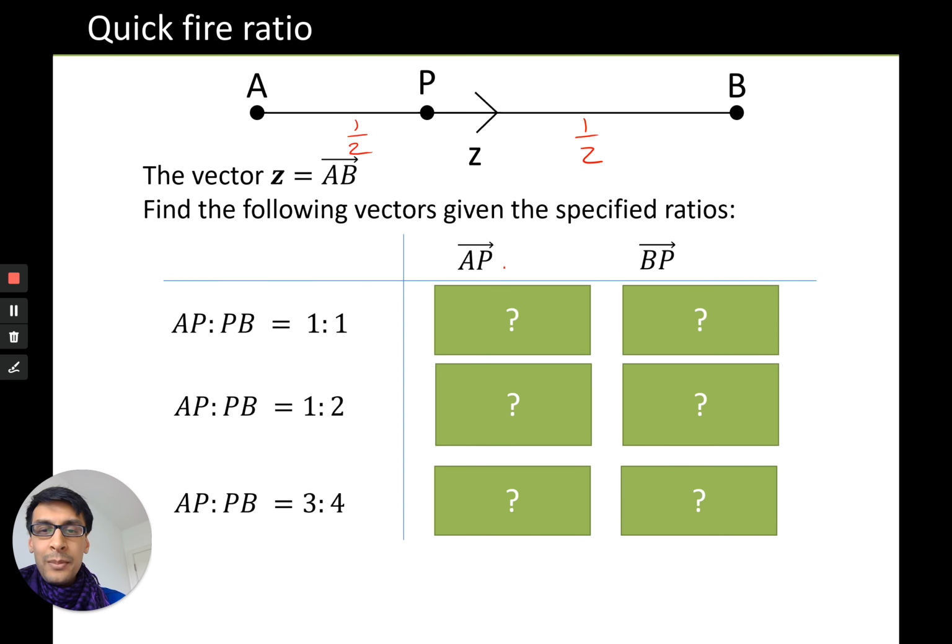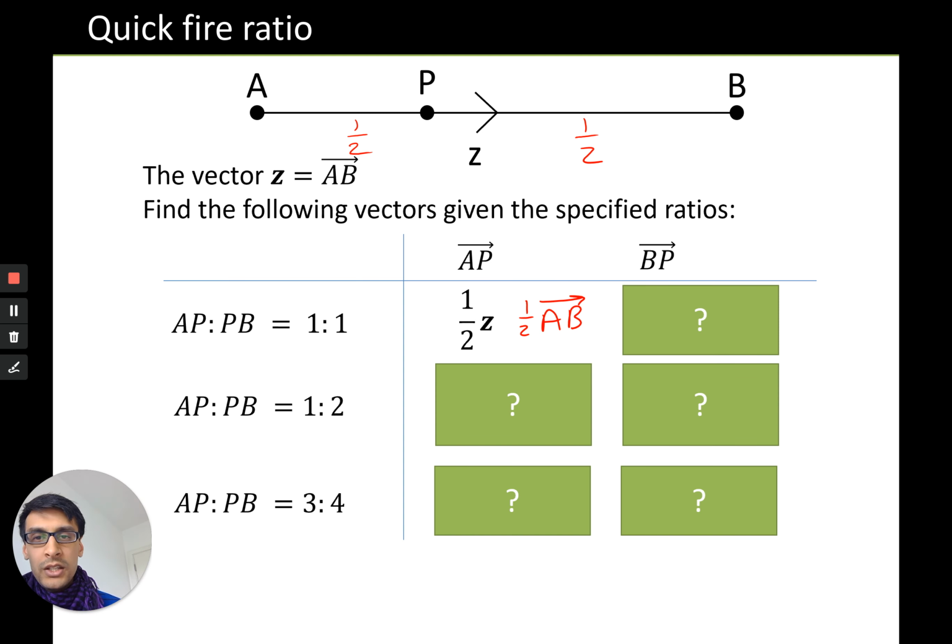So the vector AP is half of AB, half of Z, or half of AB as well. That would also be correct. So I'll just write that as well. So half AB. The question doesn't actually ask you to give it in terms of either, so you can do both for this exercise.